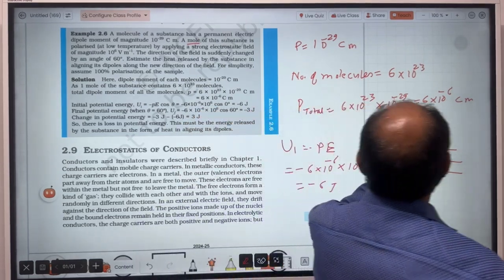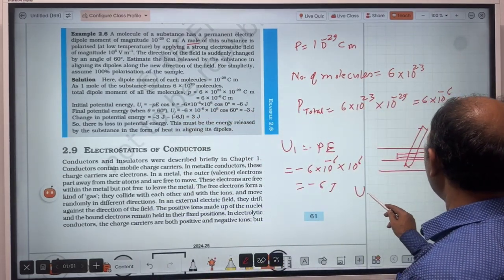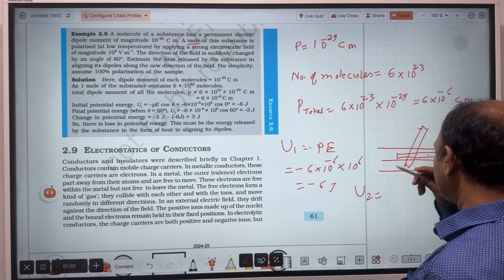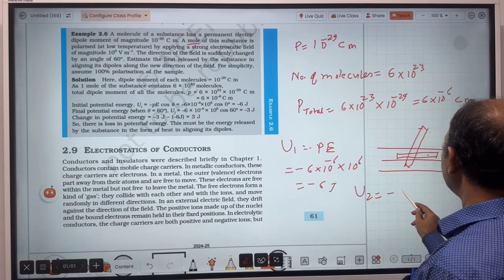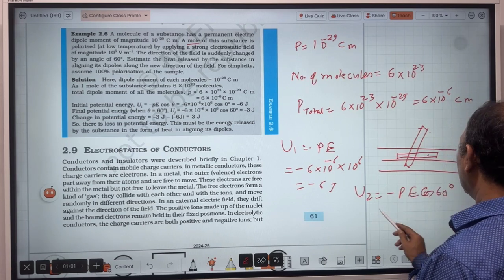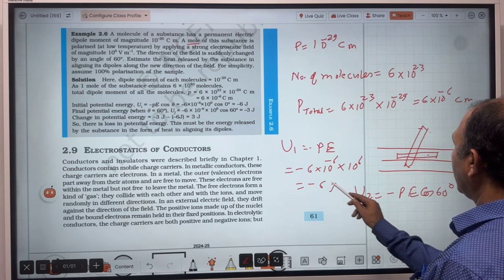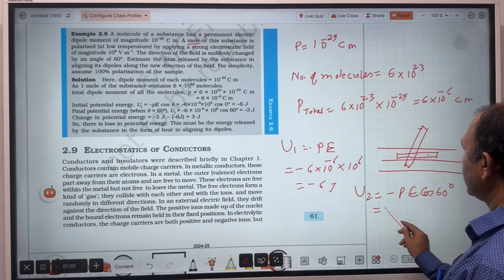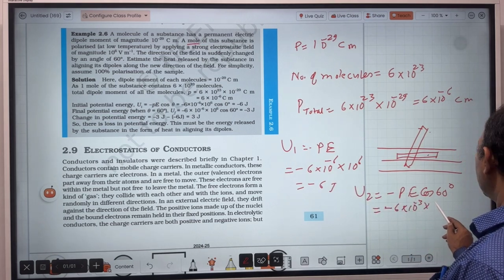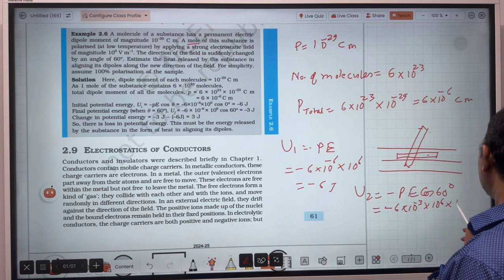Then when it is at 60 degrees, we again find the potential energy. That will be equal to minus PE cos 60 degrees. So it will be 6 into 10 to the power minus 6 into 10 power 6 into cos 60, which is half. So this will give minus 3 joule.